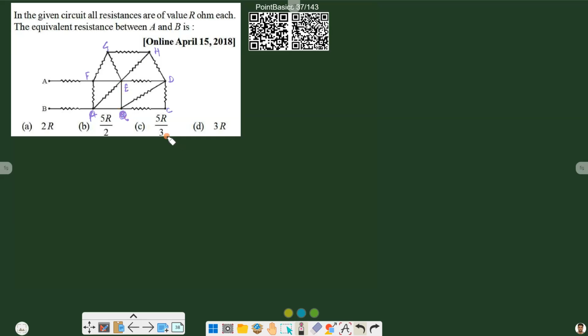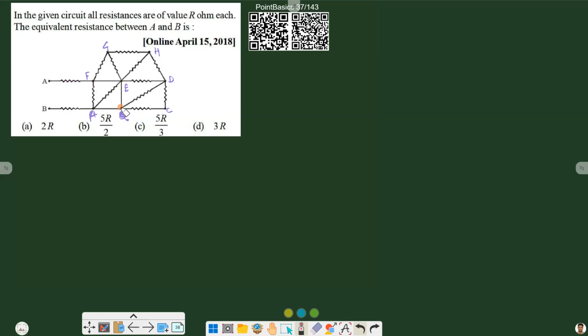And if they are at equal potential, then suppose that current is flowing from either A to B or B to A. Suppose current is flowing from A to B, and here, the connection between F and E is a wire.